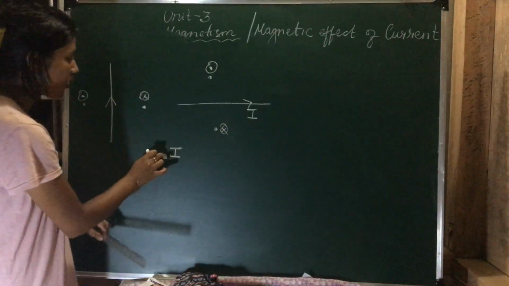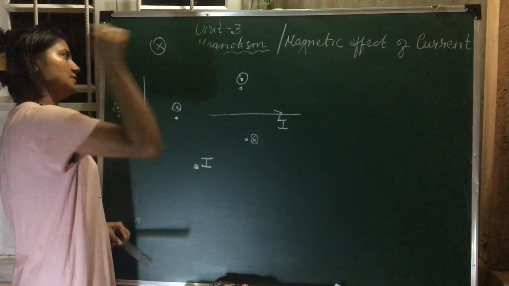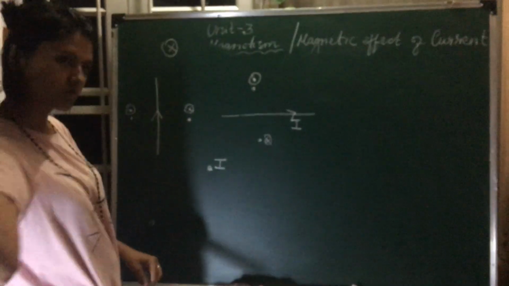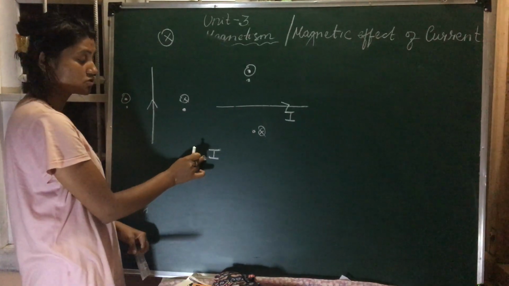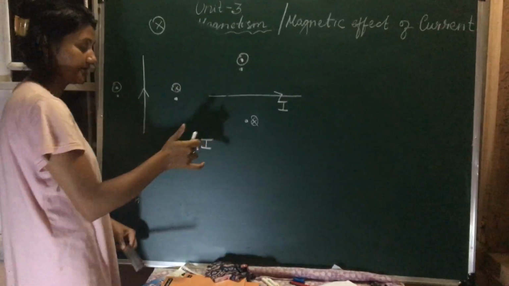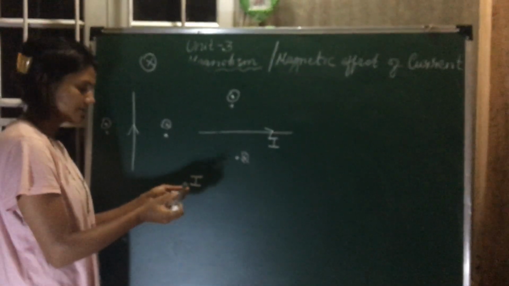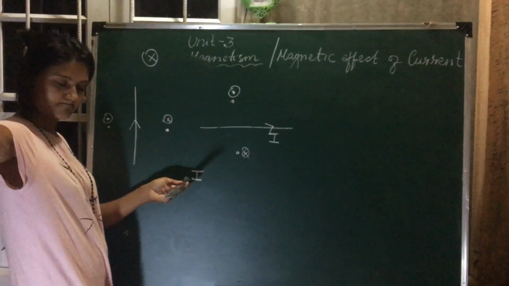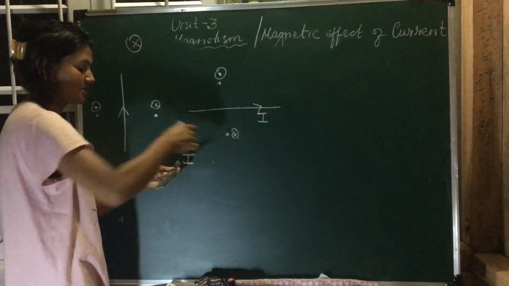Cross means inward, inside, dot means outside. These are the symbols just to show in what direction it's going. Now this dot means what? The current is coming in what direction? Outward, right? Now what is the magnetic field at this point?